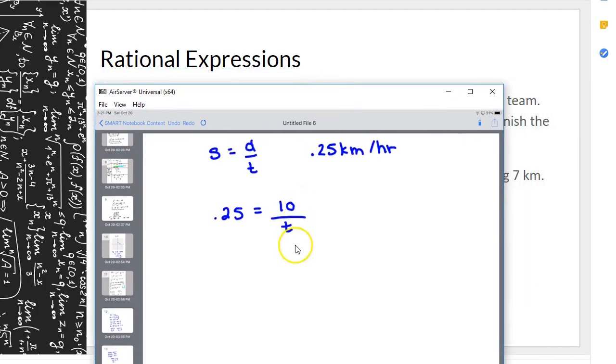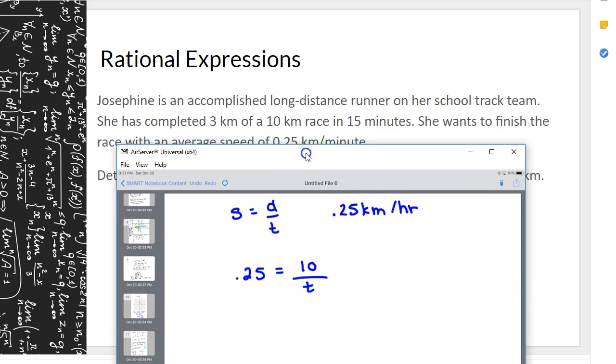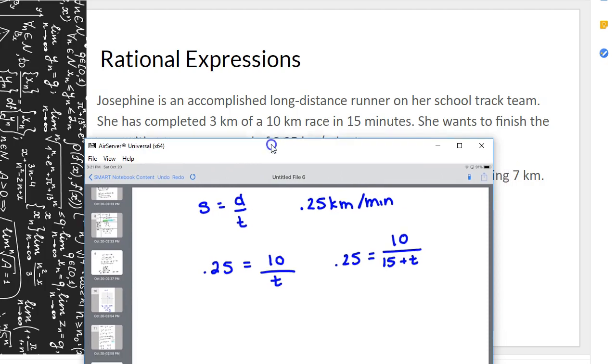So what we need to look for is that time that will make us have this average speed of 0.25. Well, we already have part of our time. Part of our time is 15 minutes. So we can rewrite this as 0.25 kilometers per minute is equal to 10 kilometers divided by 15, the time we've already run, plus the remaining time that we'll need to run the race.